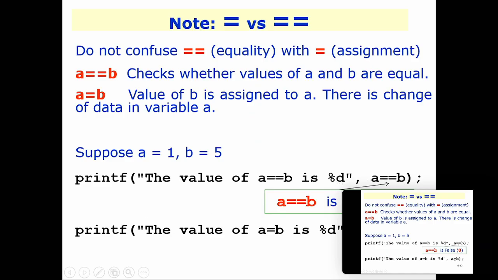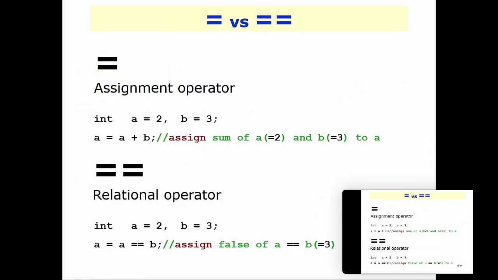Now you have A equals B. Then this 5 in B is assigned to A, and then you will display the value of A. So you will display 5.